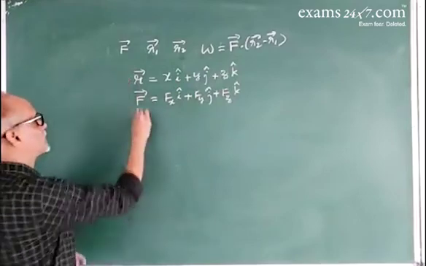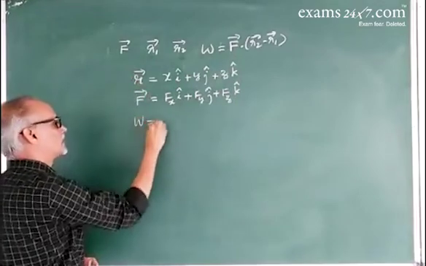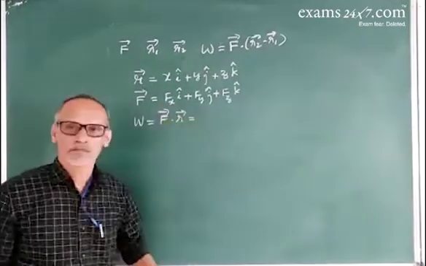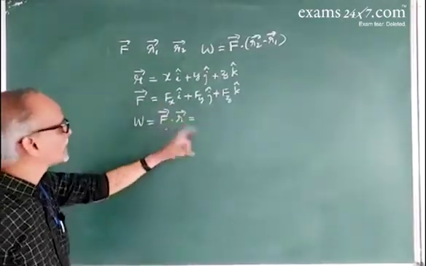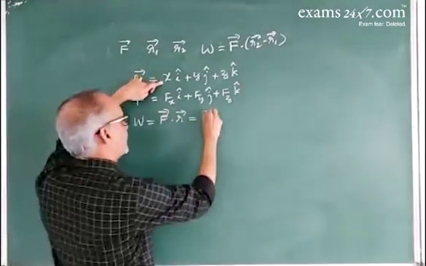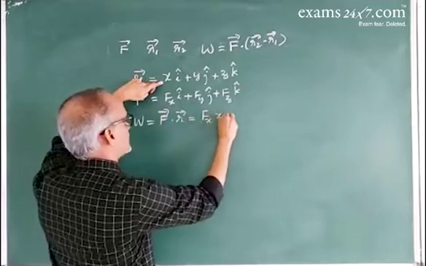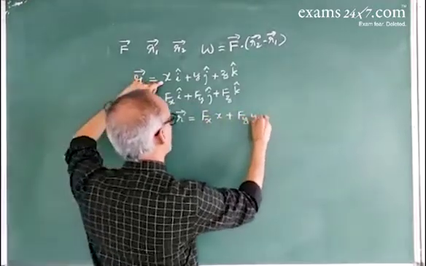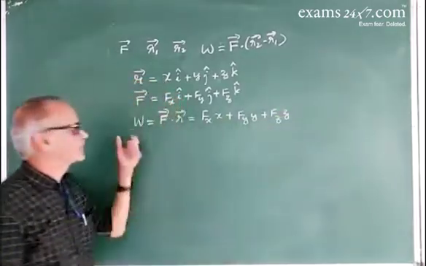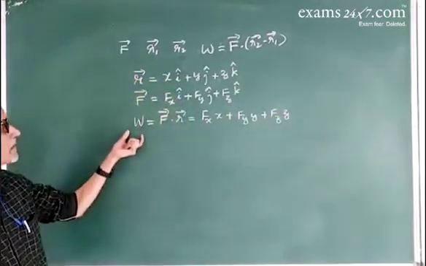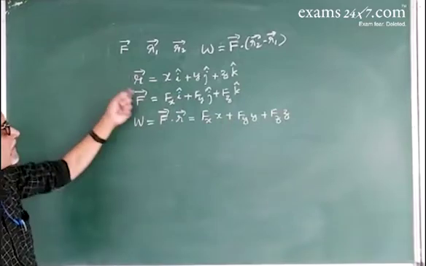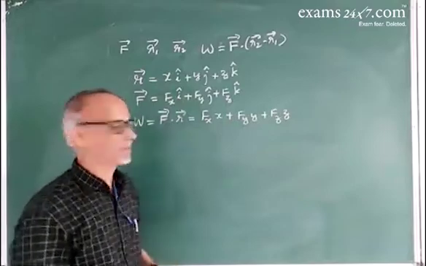Then with the help of the dot product of the two vectors, the work done is given by F dot r. So how to find the dot product of the two vectors? By multiplying the coefficients of the force and the displacement, which is Fx into x plus Fy into y plus Fz into z. So this will give the net work done when force and displacement are given in terms of the unit vectors.